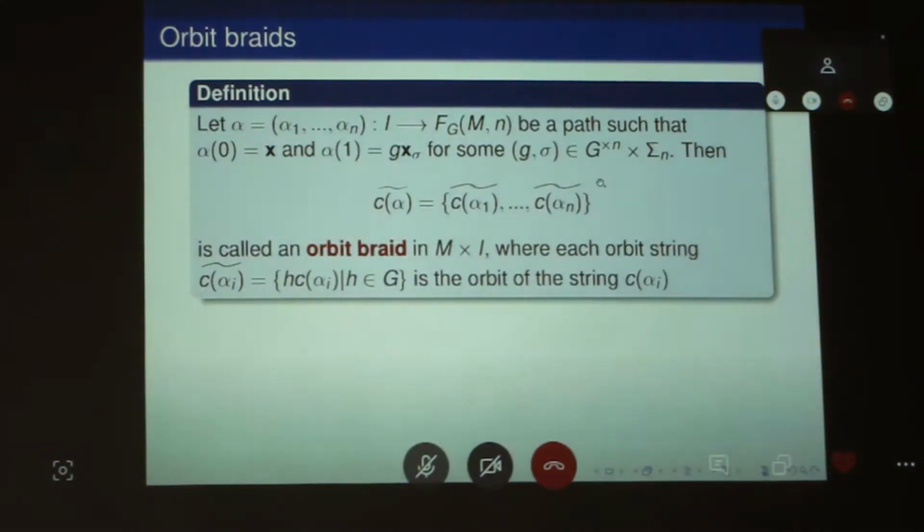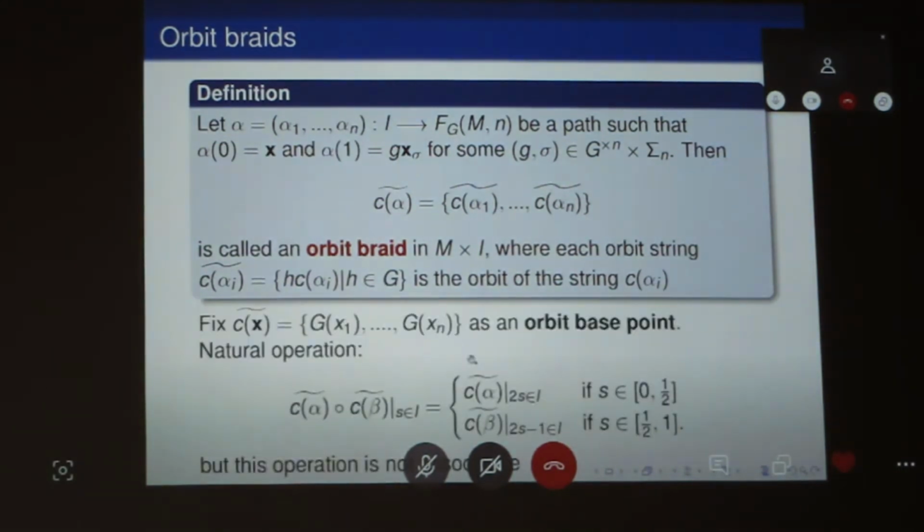Finally, we get the orbit braid. In that case, we also need to consider the orbit base points, where x is a point in this space.